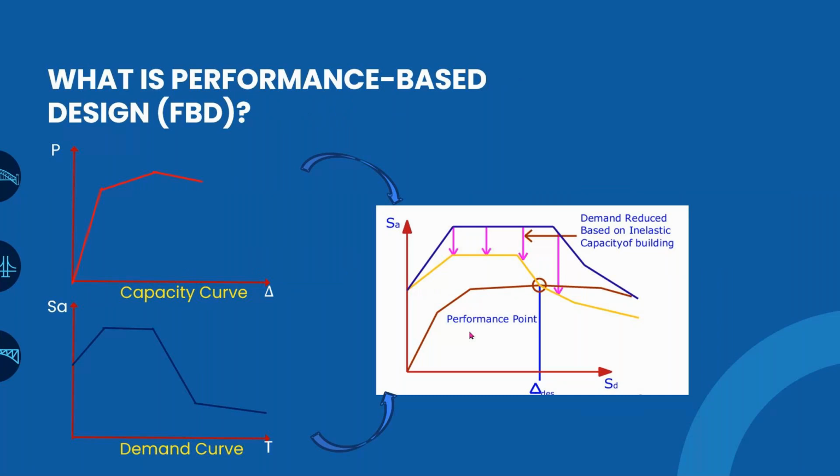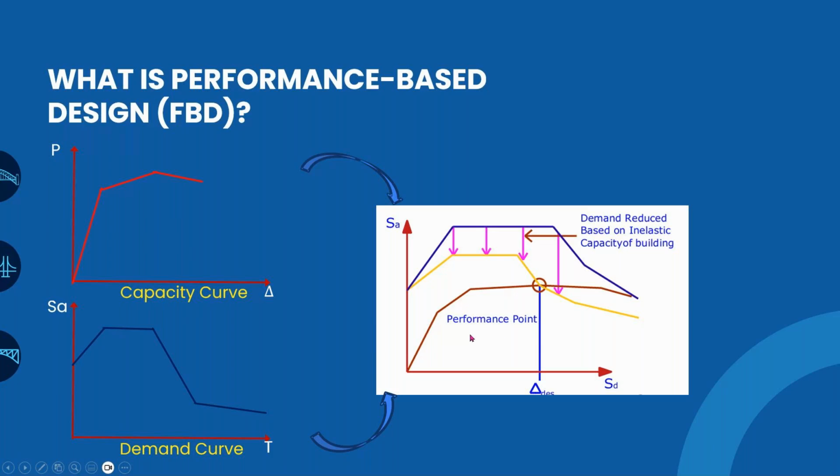Now, simply speaking about the principle of performance-based design, you see that there are two curves given here: the capacity curve and the demand curve. The demand curve is nothing but our response spectrum, and the capacity curve is nothing but the base shear versus displacement graph, or the pushover curve.